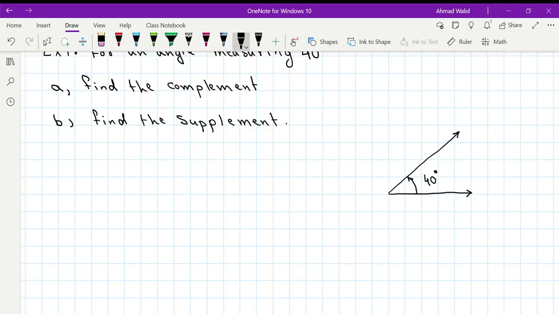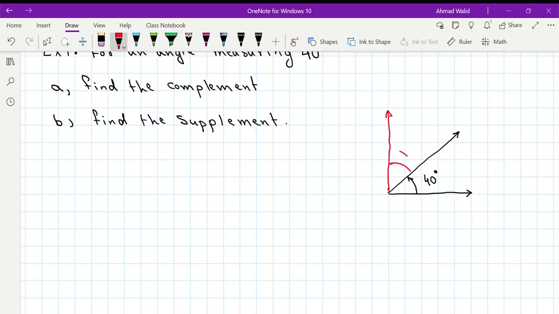Here you should remember the definition of complementary angles. When two angles add up to 90 degrees, we call them complementary. One of them is given. Actually, they are asking you to find this one.